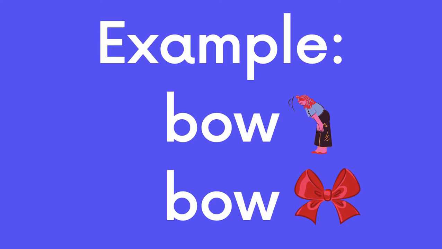And also they have different meanings. Okay, so that is an example of a homograph. So they are written the same in a homograph. It's the same writing, but the meaning is different and the sound is different.